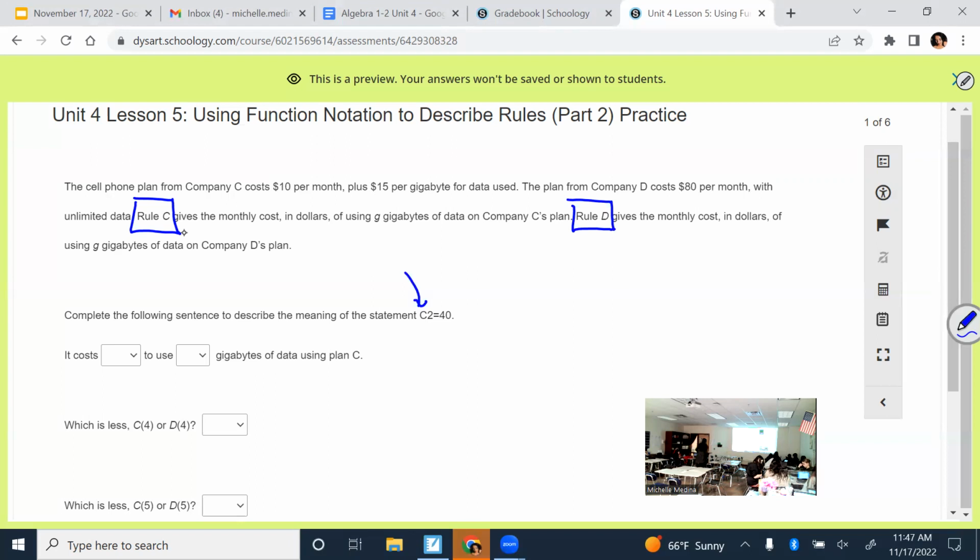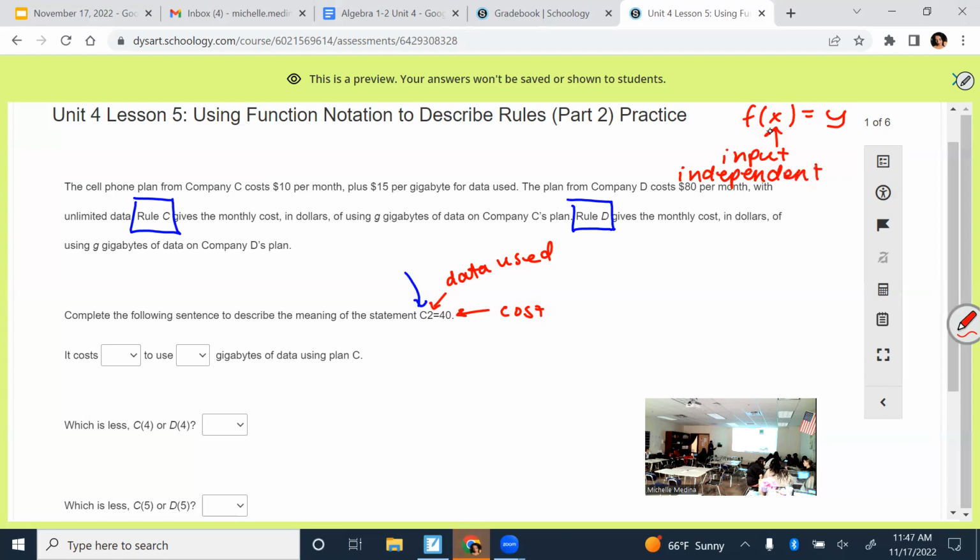So like, what is the 2 representing? Nope. So then it must be the gigabytes of data used, which means the 40 must be the cost. Again, how you know goes back to the f of x equals y. X is your input, and it's also what is independent in like any word problem.